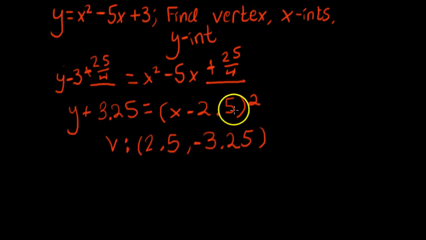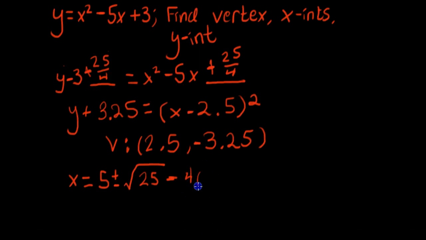And then for finding the x-intercepts, we're going to need to use the quadratic formula. So remember, it's going to be x equals negative b, which here is going to be positive 5, plus or minus the square root of b squared, which is going to be 25, minus 4ac, which is going to be 4 times 1 times 3, and then all over 2a.